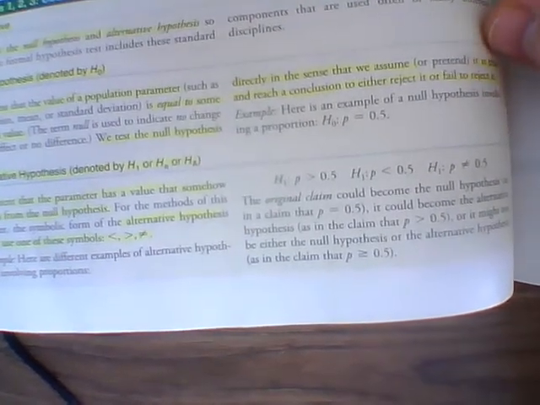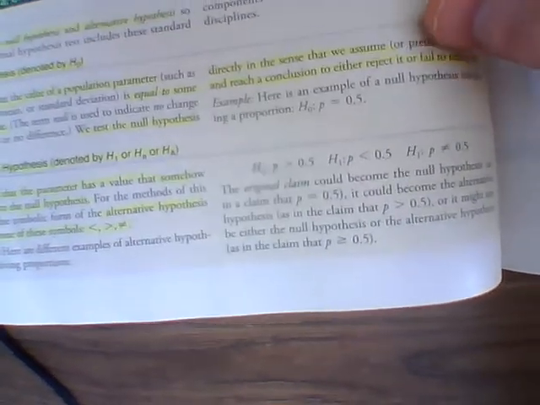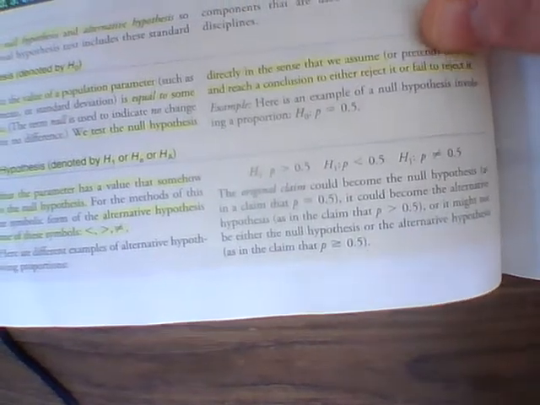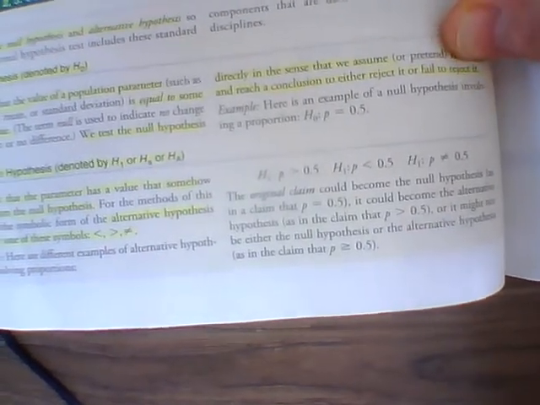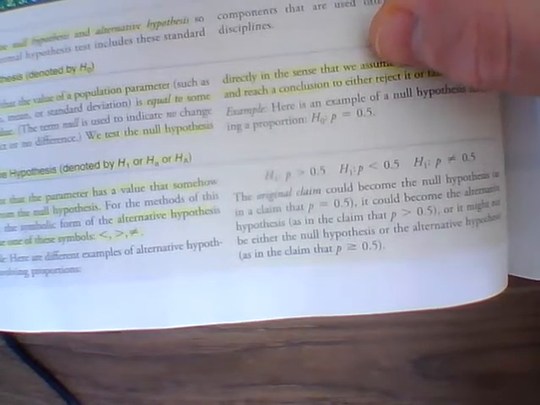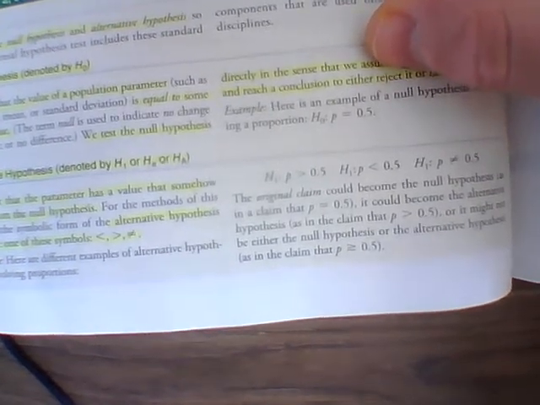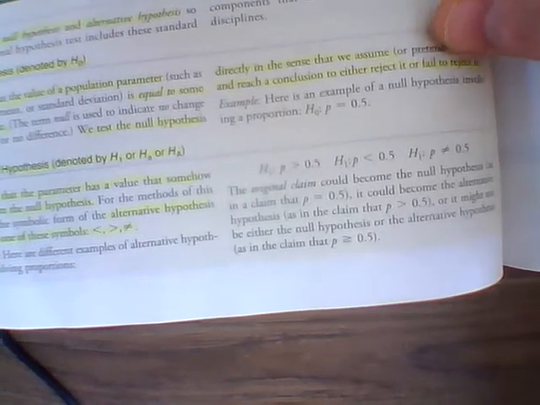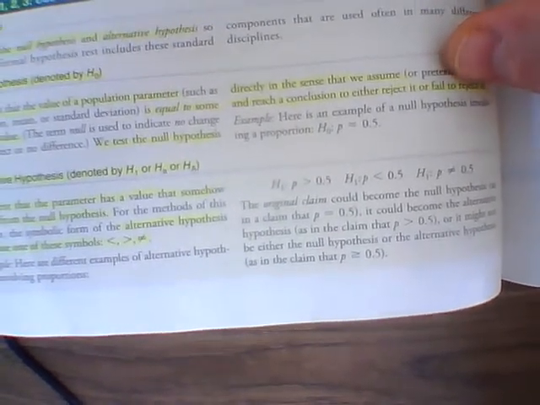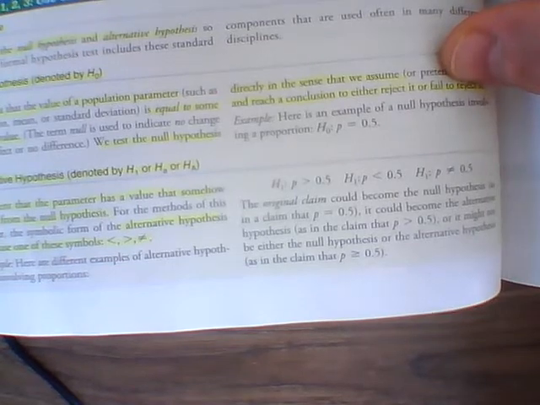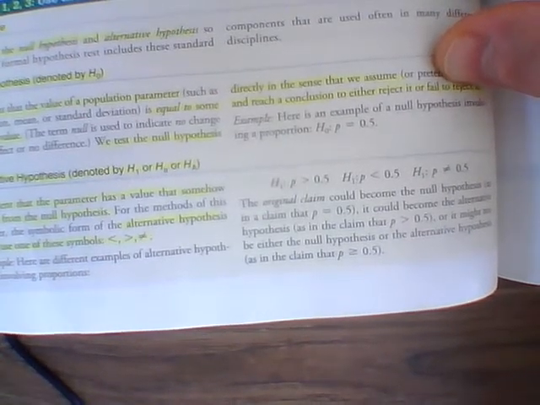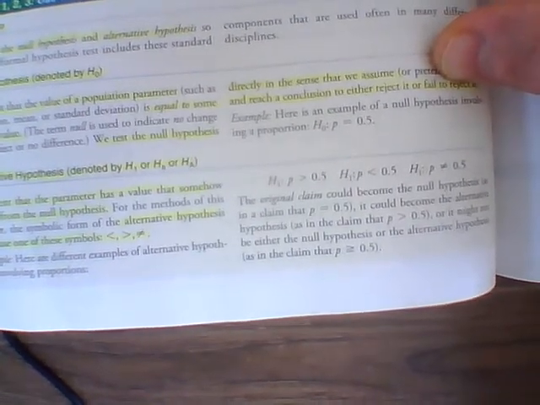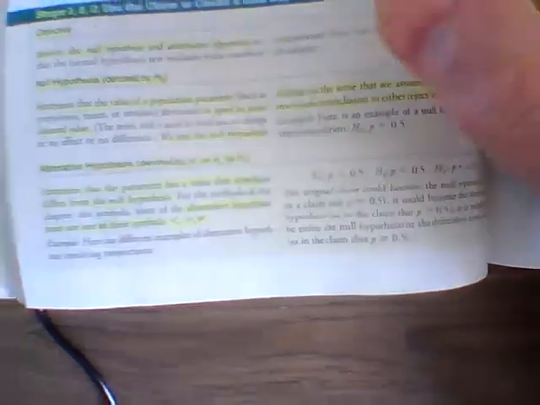Because we're assuming that it's true, we will never accept, but we will fail to reject. Okay, so we either reject it, because if this is true, it's not working, so it's not going to be true. Or if we're testing it and it turns out that, hey, it looks like it's working, we're still going to say, hey, it's not truly true, but we'll fail to reject it.